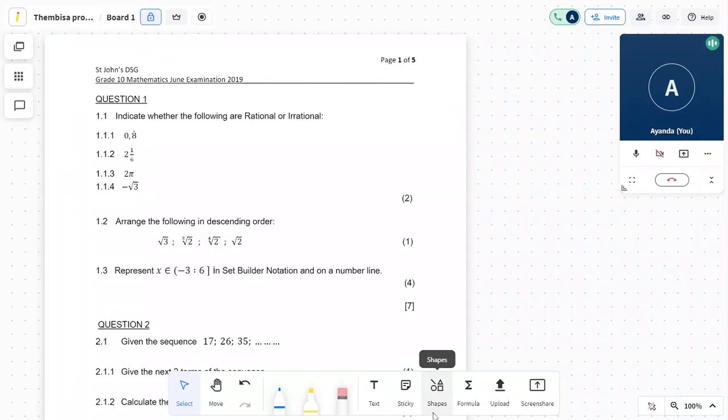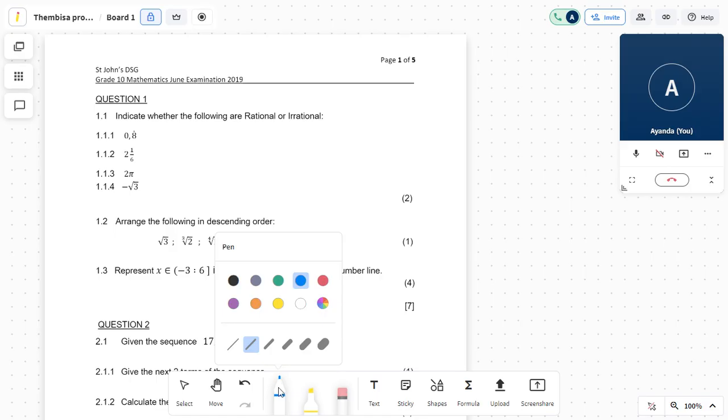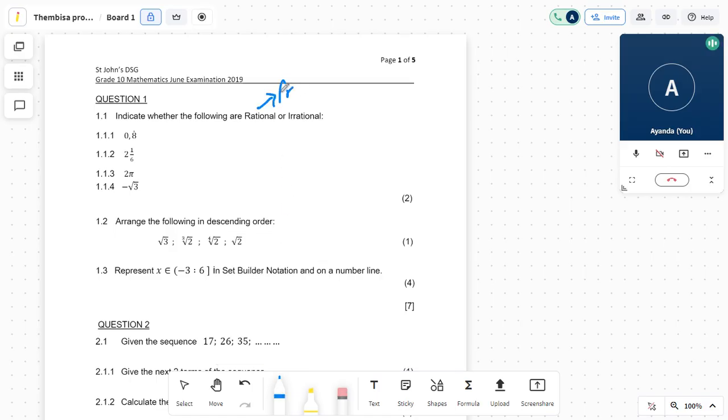So, question 1 asks us to indicate whether the following numbers are rational or irrational. Remember that rational numbers can be written as fractions. Let's make this pen a little bit bigger. So rational numbers can be written as fractions.